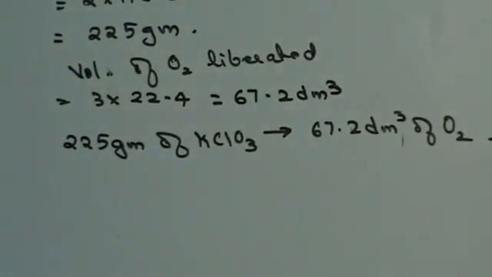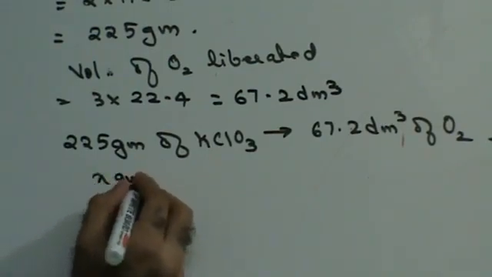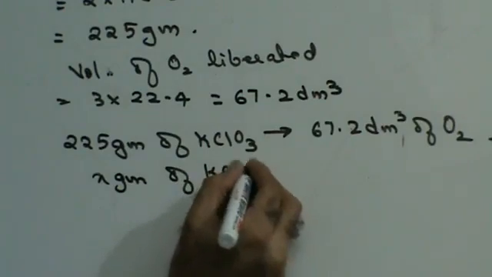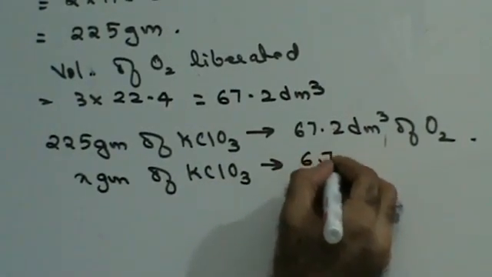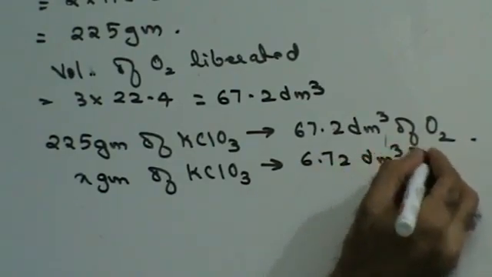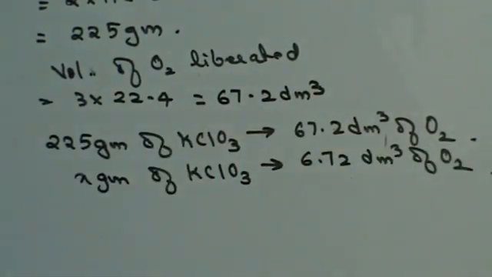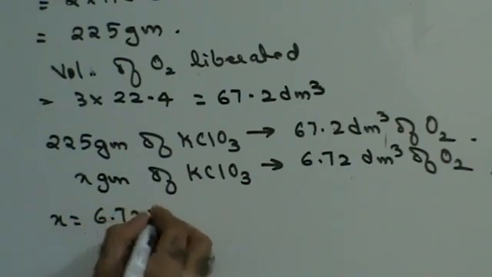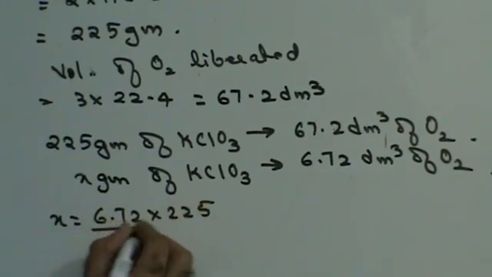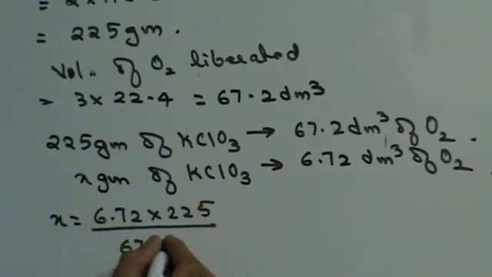How much do I require? Let us assume that X grams of potassium chlorate liberate 6.72 decimeter cube of oxygen. Very simple. If 225 grams liberates 67.2 decimeter cube, then X will be 6.72 into 225 divided by 67.2, which is 22.5 grams.